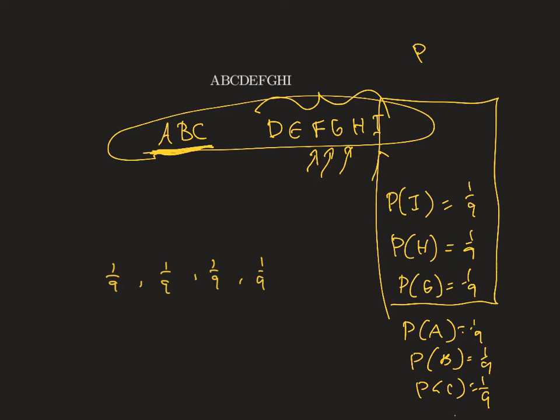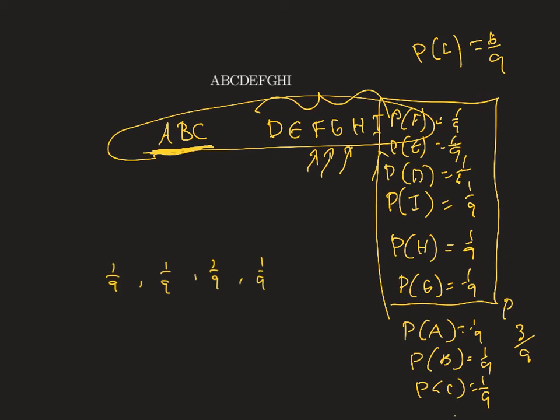So the probability of loss is all of these added up together. I didn't write D, E, and F, but you get the point. So the probability of losing is when any of these guys win. You just add up 1/9, that's 6 ninths. And of course here you got 3 ninths, the probability of a winner.